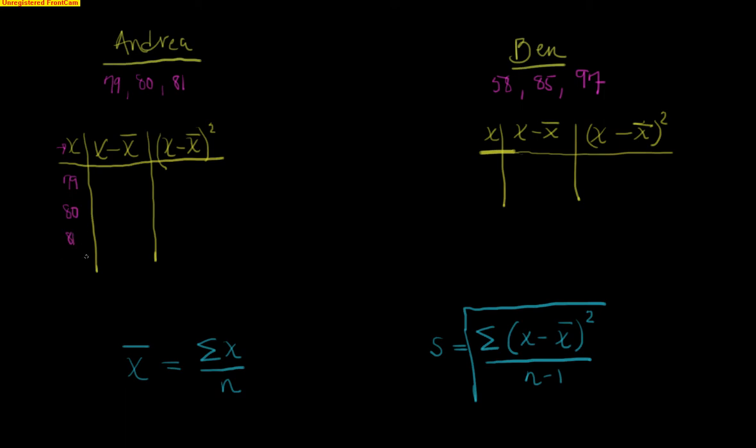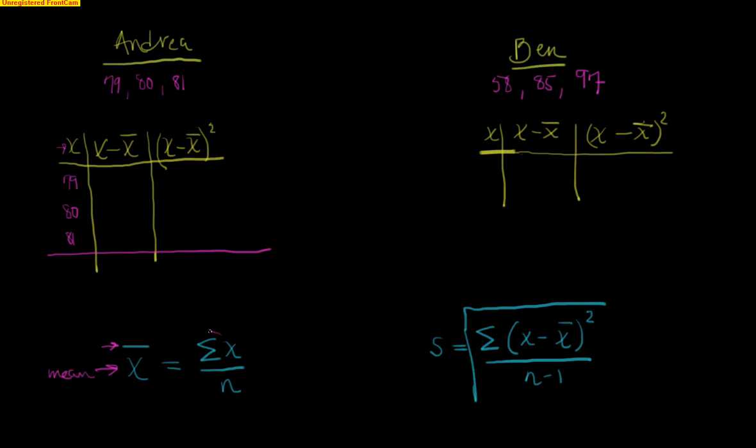Now, the first thing we need to do before we can find the standard deviation is find the mean. What is her mean score? We can draw a line here, and that's where this comes from. When you see a bar over the X, that means the mean of your set of X's.